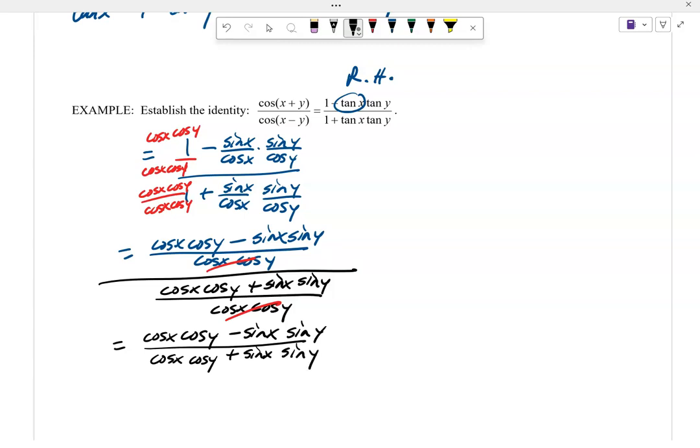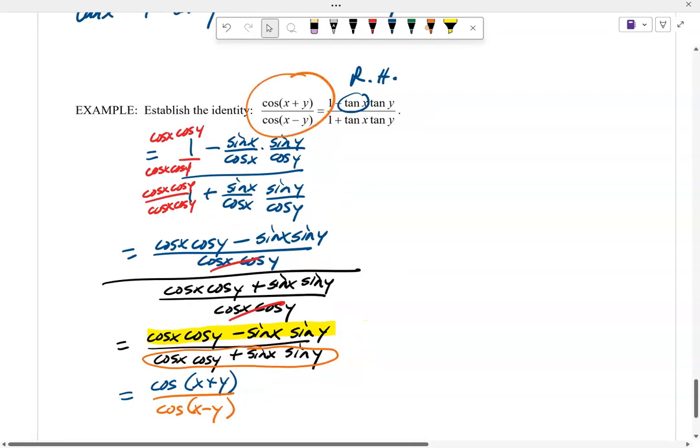And now I just look on my formula sheet, and I'm like, oh, cosine x, cosine y minus sine x, sine y is cosine of x plus y. And then the denominator, cosine x, cosine y plus sine x, sine y, is cosine of x minus y. And there it is. We just proved it, because we were trying to show that it's equal to that left-hand side. So we have it.